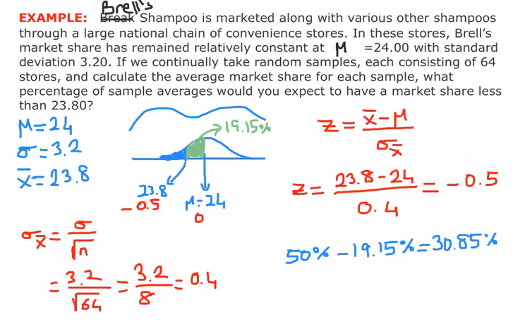If we continually take random samples, each consisting of 64 stores, and calculate the average market share for each sample, then with our calculations, 30.85% of all the sample averages would be expected to have a market share less than 23.8.